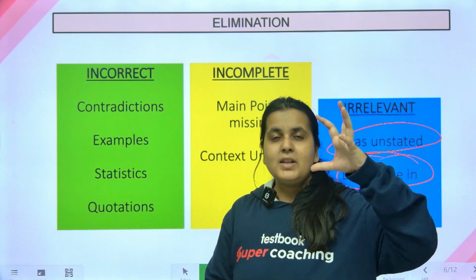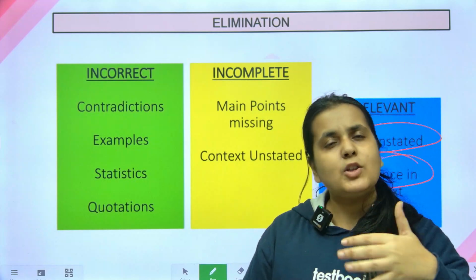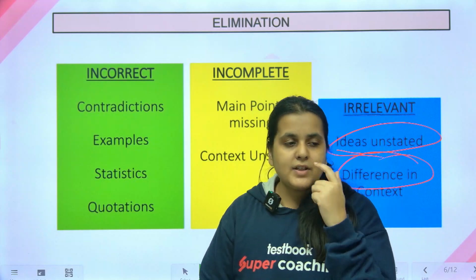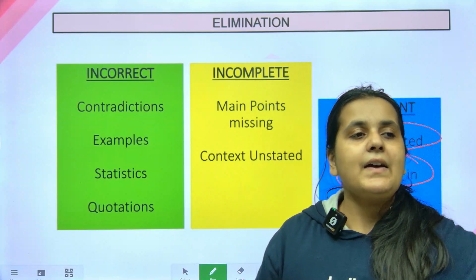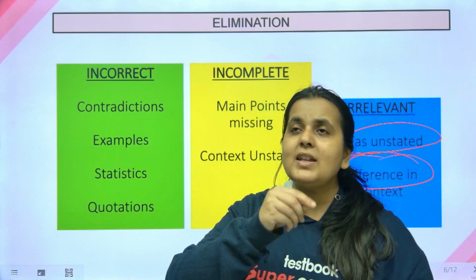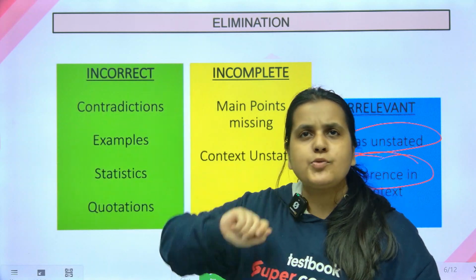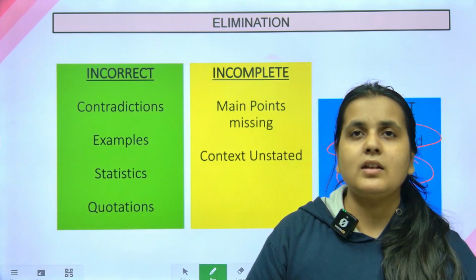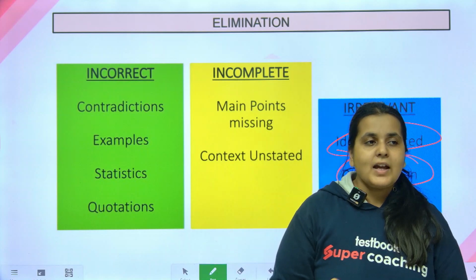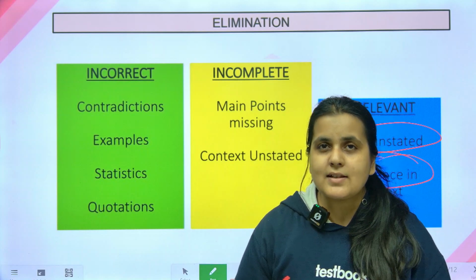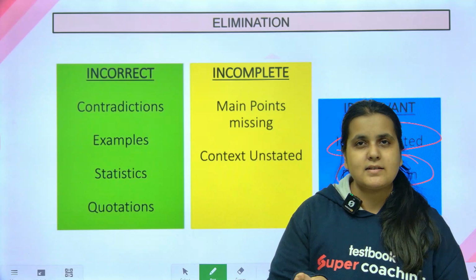Yes, if a primary example is the focus of the whole passage you can mention it. But for instance, the passage says many banks such as ICICI, SBI, HDFC have implemented this. Then it is not necessary that you choose an option with "such as" and a comma. That's not the main point. You can choose an option instead which says many leading banks. So try to avoid options which give you unnecessary examples, unnecessary numbers, statistics.